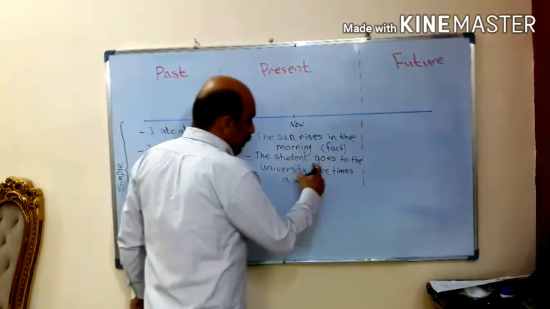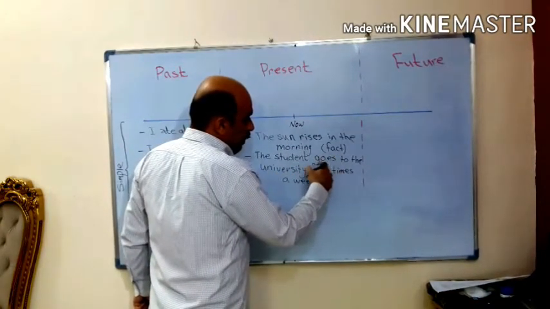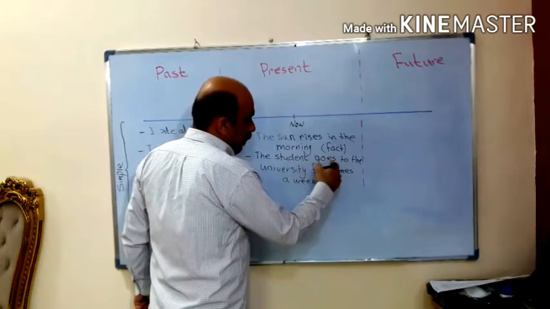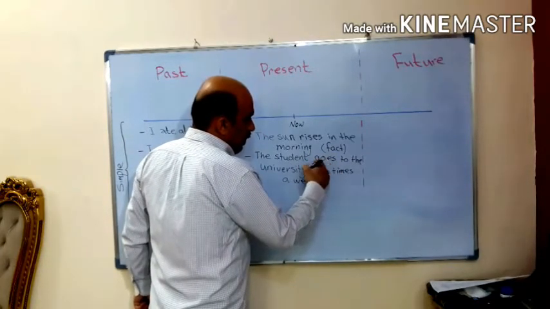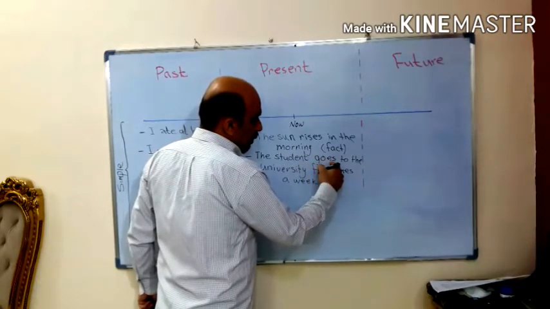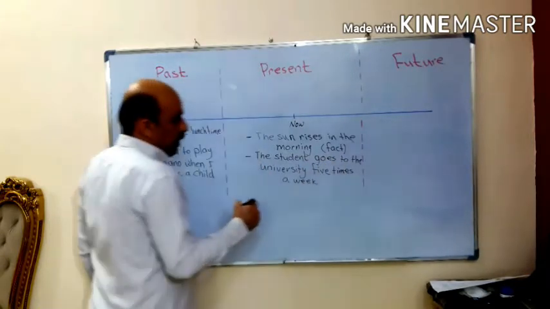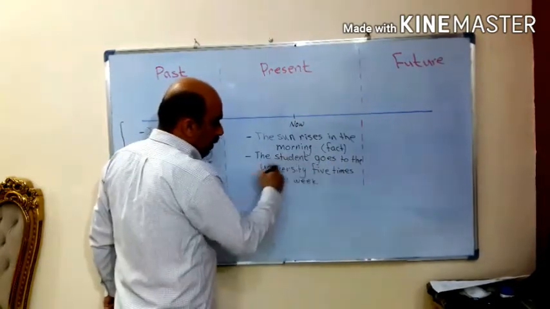Look, here we use the s at the end of the verb. Instead of go, we used goes. This is the third person s, if the subject is singular.